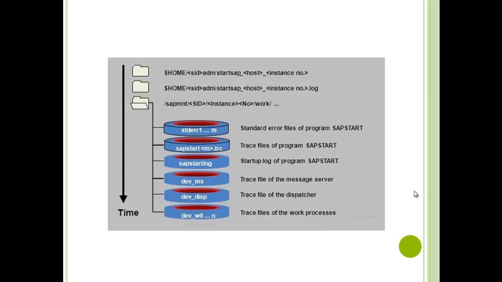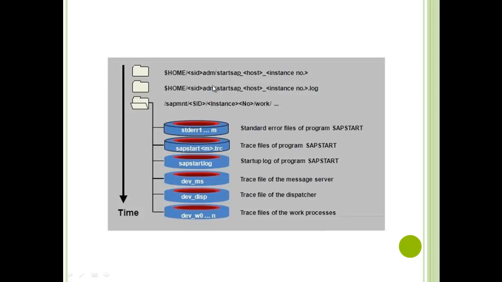The log files are generally saved in the operating system of the SAP. Right now we will be using Windows, but in Unix or Linux, whichever operating system you use, these are going to be relatively the same.